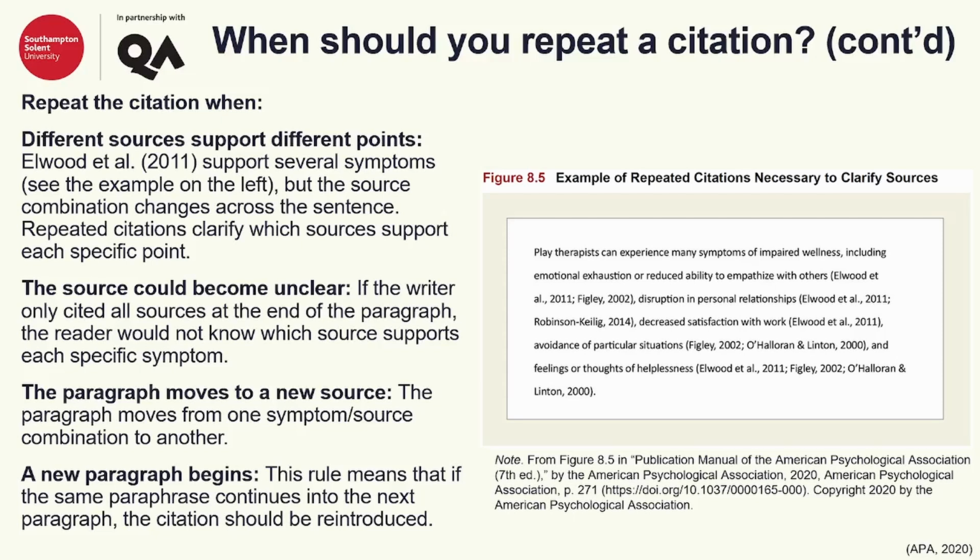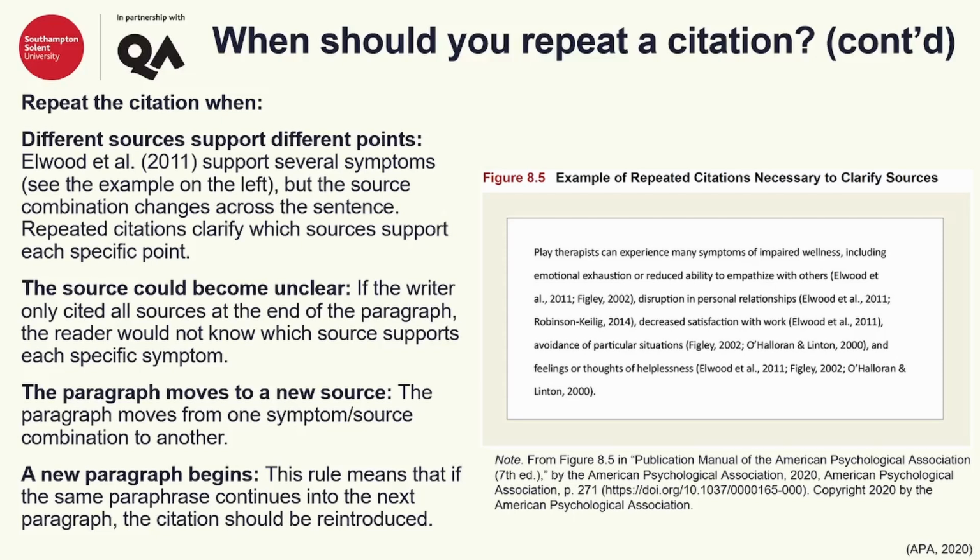Repeated citations clarify which studies provide evidence for each specific point or symptom. Placing all of the sources only at the end of the paragraph will create ambiguity. The reader would not know whether every source supports every symptom or whether different sources support different statements.